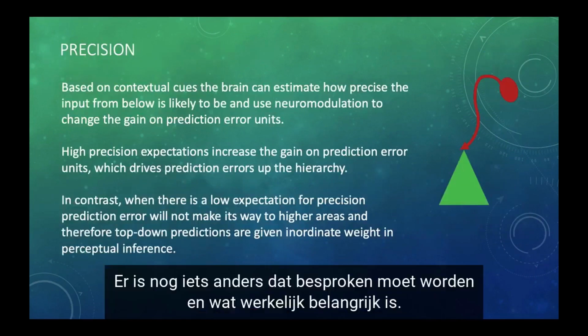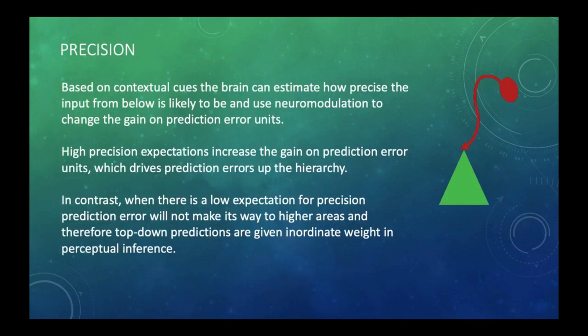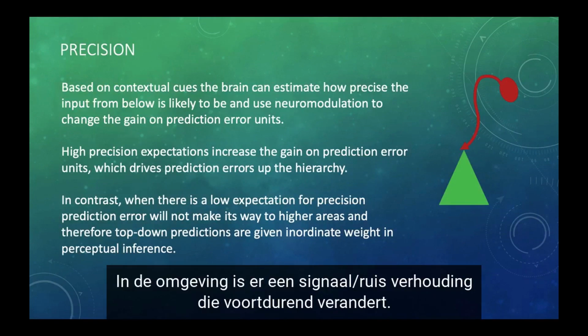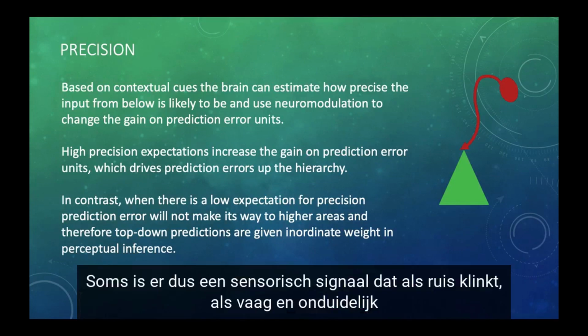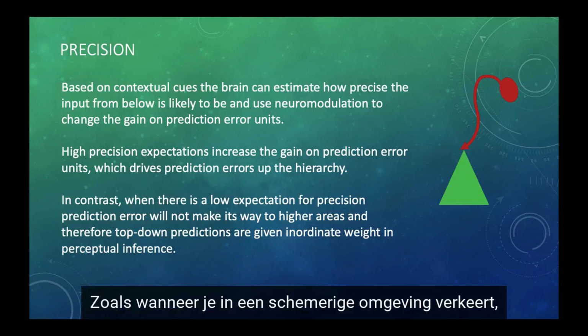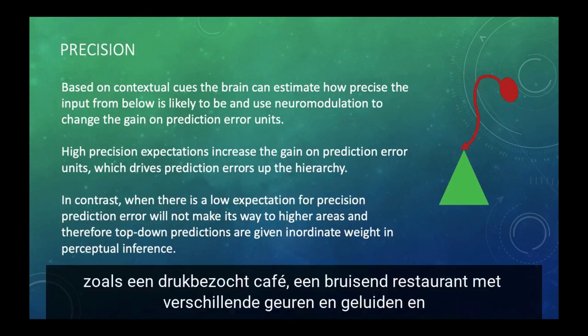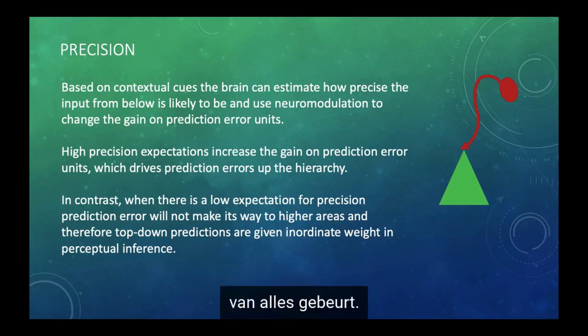There's something else that's really important to comment on: in the environment, the signal-to-noise ratio changes all the time. Sometimes sensory input is noisy and uncertain, such as in low light conditions, or busy pubs or bustling restaurants with different smells and sounds and everything going on.